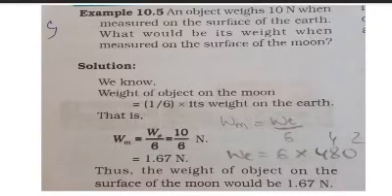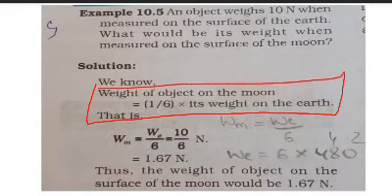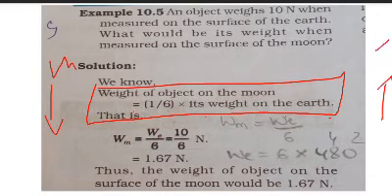The formula to calculate this question is here. You should remember this formula also. Weight of object on the moon is equal to 1/6 times the weight on the earth. Means on the moon weight is less and on the earth weight is more.